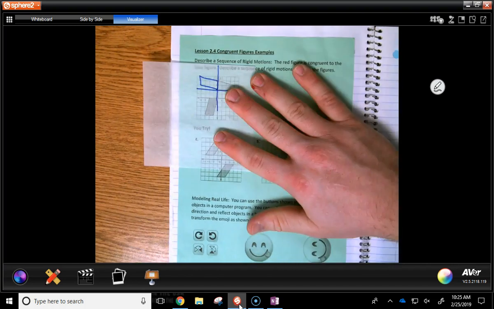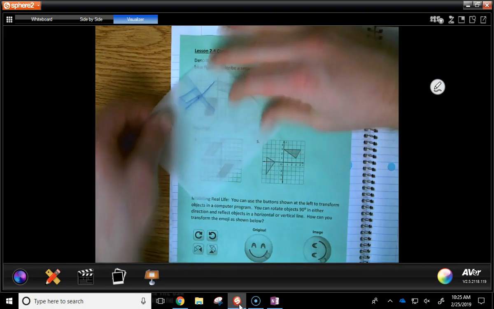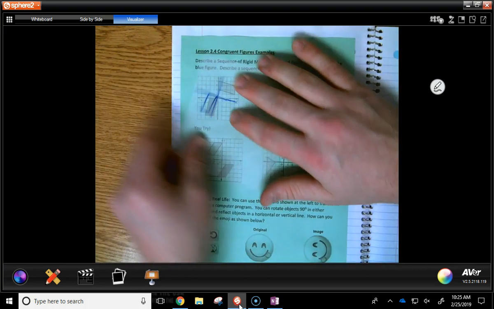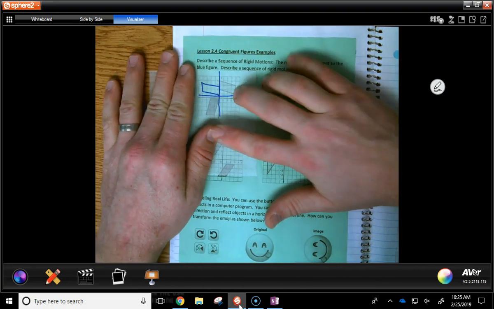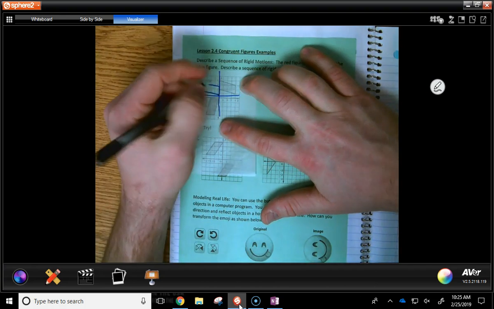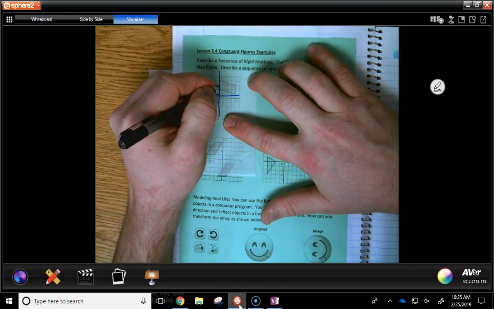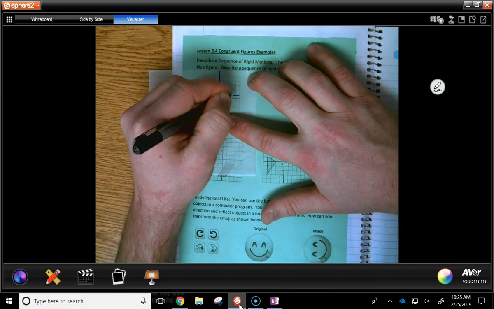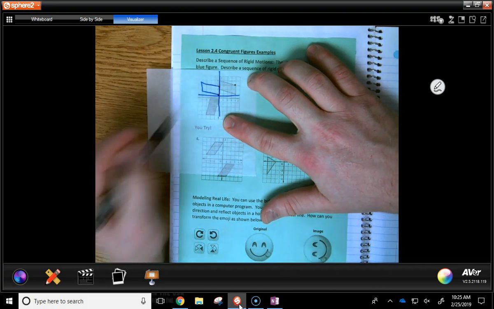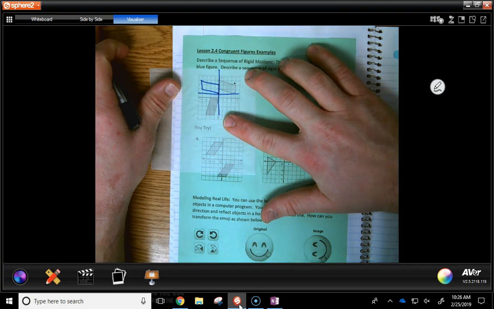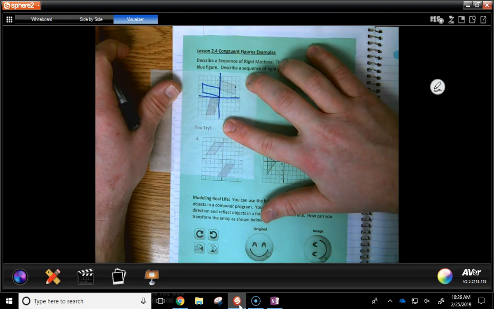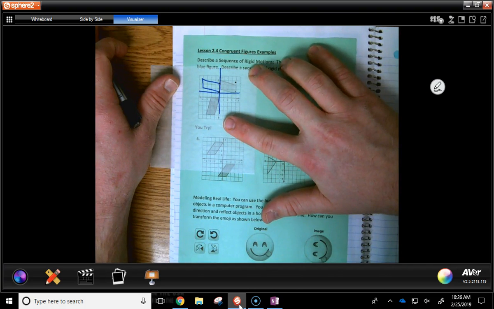Good job. So, Dusty showed us the first step is to rotate clockwise 90 degrees. Then if I look at your points, this point and this point is here and here. So I need to translate up 1 unit.